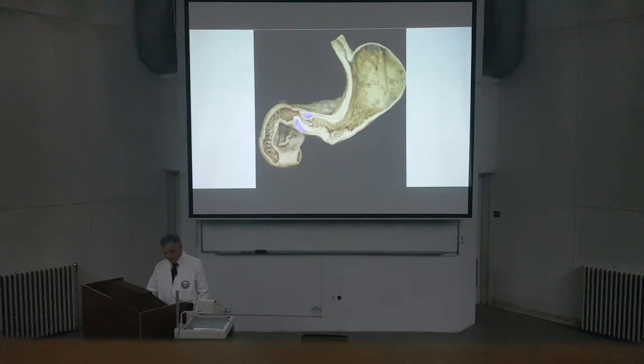The pyloric sphincter is where the circular muscle of the stomach collects and makes a bundle of muscle running circularly and makes the pyloric sphincter.